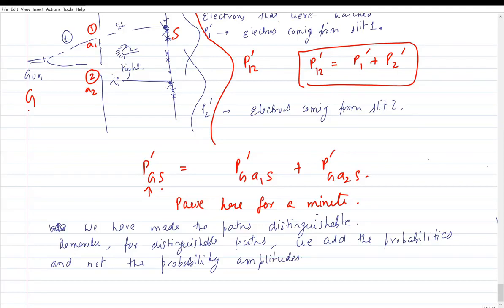Well, this is the information in the universe, which path the electron has taken. So there is a flash of light. We know, someone knows, there is information in the universe which path the electron has taken.